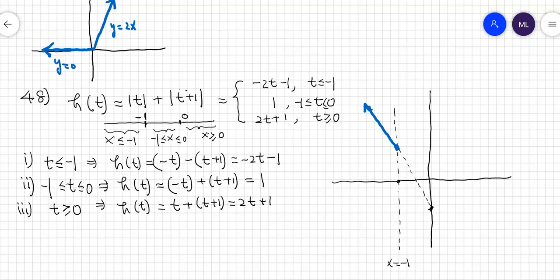And between negative 1 and 0, it is 1. So this is 1. And then when t is positive, it is 2t plus 1. So we have kind of symmetry, okay? So 2t plus 1, so it is like this, but it's only for positive, right?